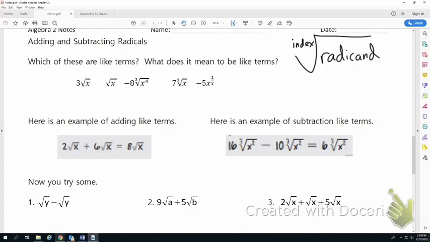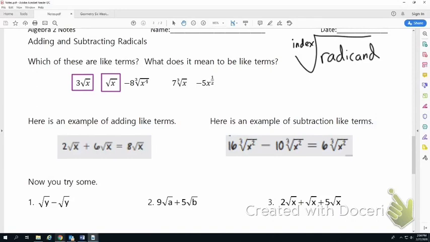So looking at this, which of those have like terms? The ones that have the square root x. First and second. And the fourth. It has the same thing.